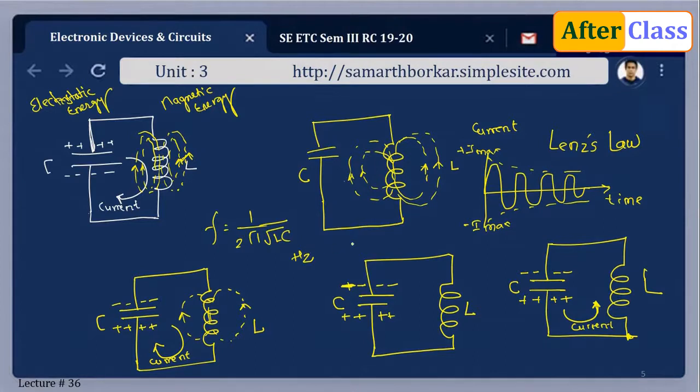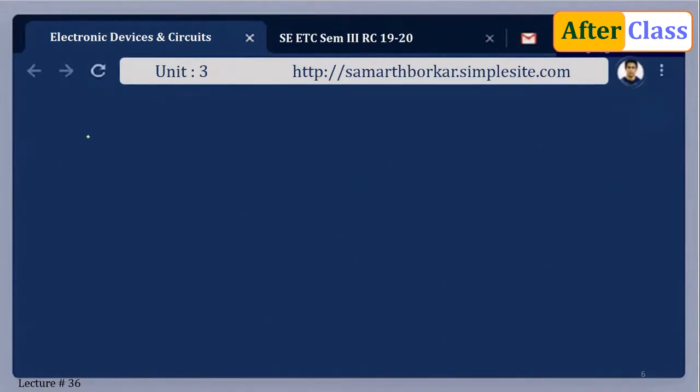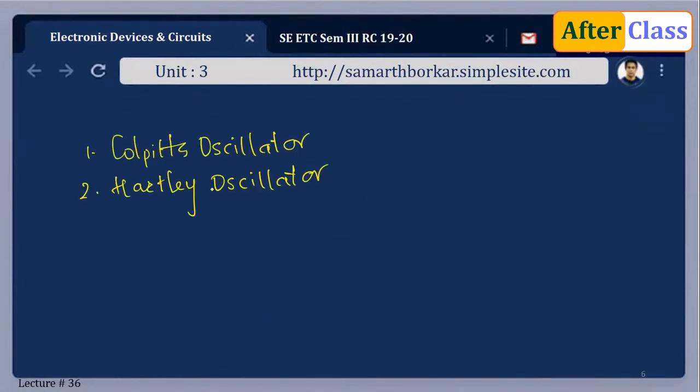Depending upon the type of tank circuit used, the LC oscillators are classified as Colpitts oscillator and so on. So this is the basic form of LC oscillator circuits. Let us try to understand it.